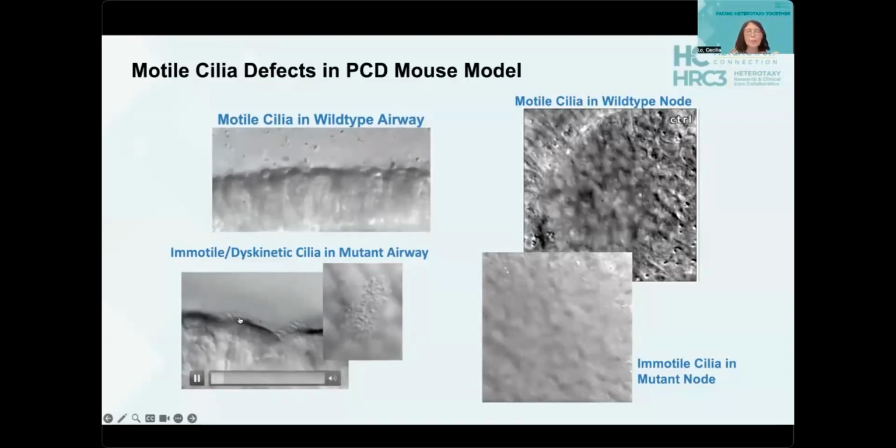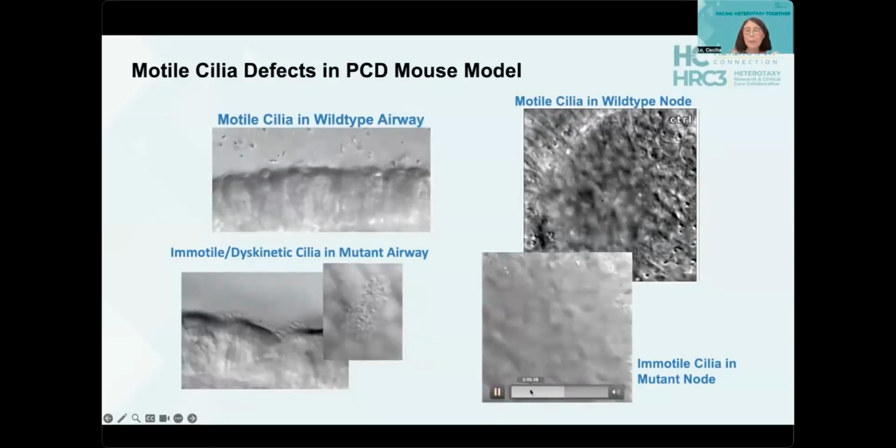You can see many multicilia and some slow dyskinetic motion of some of the cilia. And this is from a top-down view where you can see the same, but from a different perspective. And then on the right-hand side is the same video that you saw earlier from a wild-type embryo showing multicilia in the embryonic node.